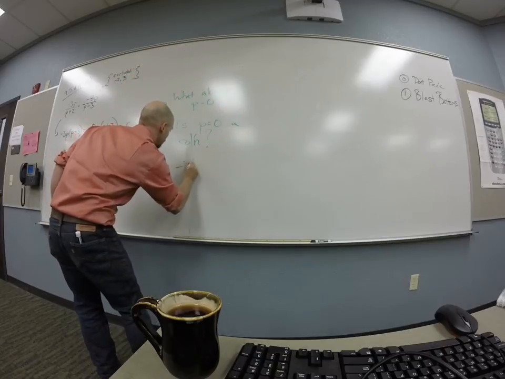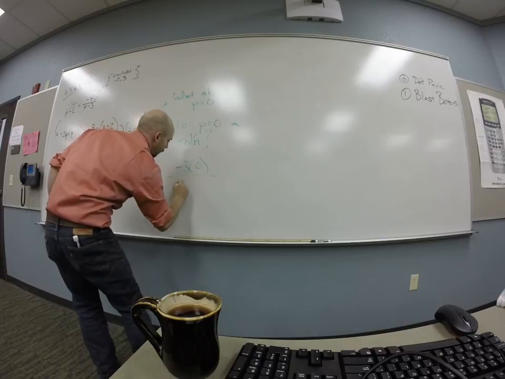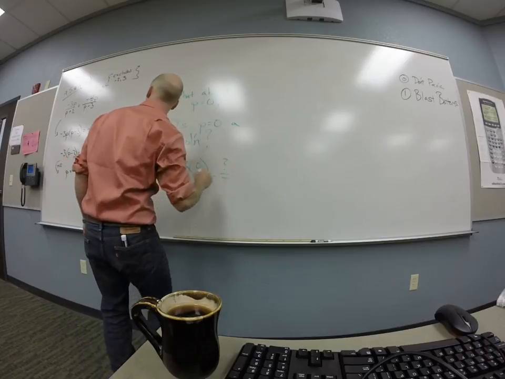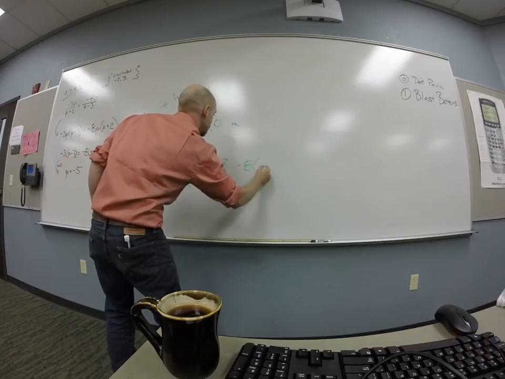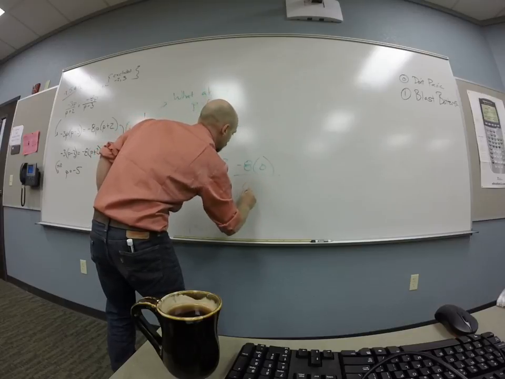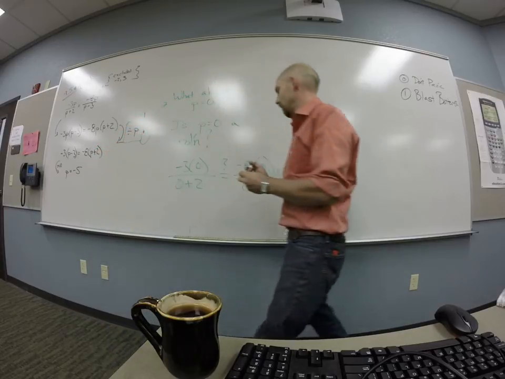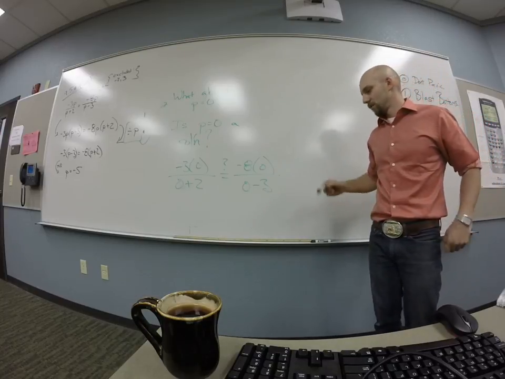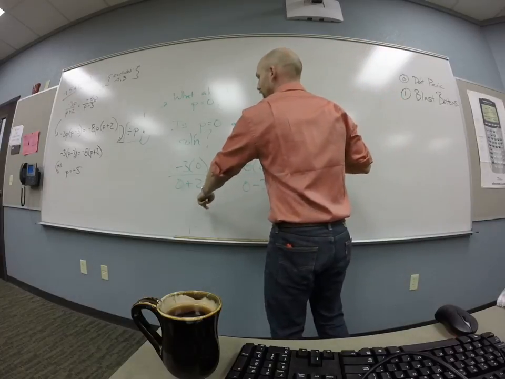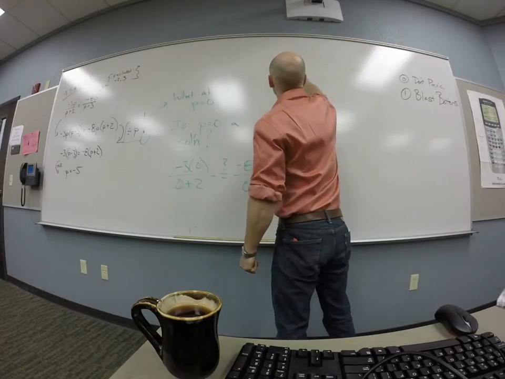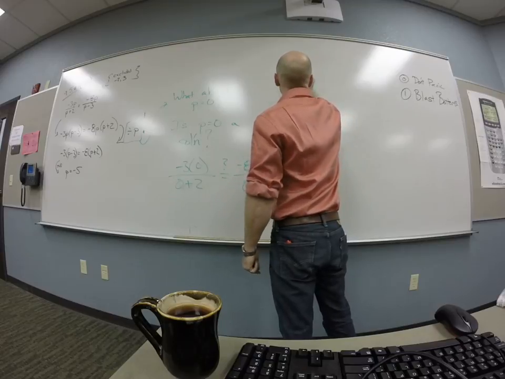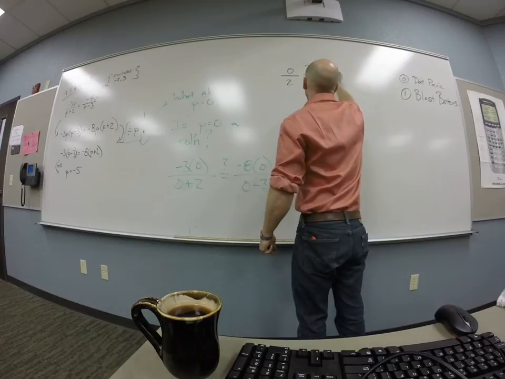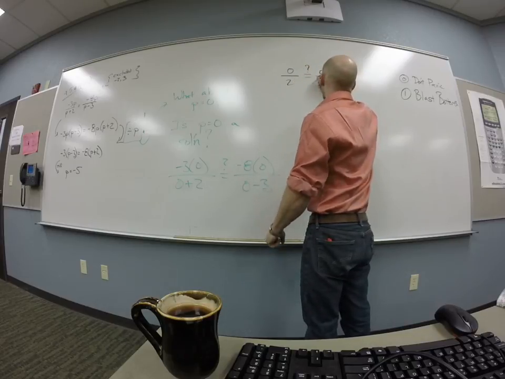So I'm looking, is -3 times 0 over 0 plus 2 equal to minus 8 times 0 over 0 minus 3? Okay, let's see. The left-hand side is 0 over 2. And I'm wondering, is that equal to minus 0 over minus 3?